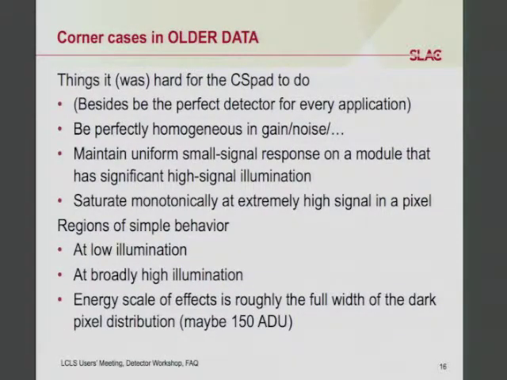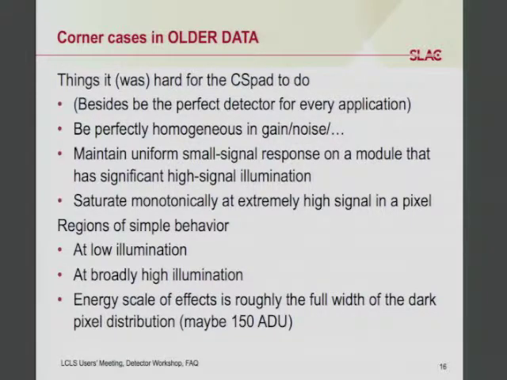So I've got a slide on corner cases in older data. We're mostly looking forward to new detectors in our group, but obviously there's a lot of older data. I've listed a couple of things which it was hard for the detector to do.